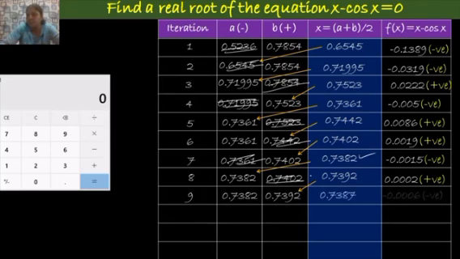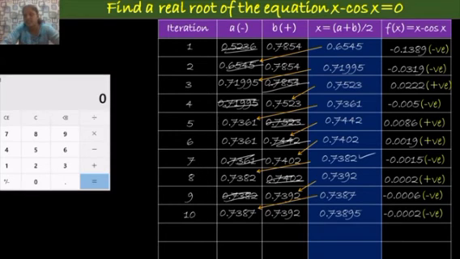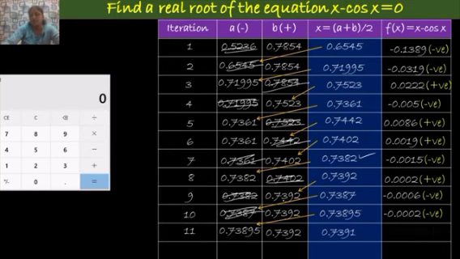At this point the function takes negative. If it is negative, again you have to replace the value of a by 0.7383 and adding and dividing this by 2 you get 0.73895. At this point the function takes negative. If it is negative, replace the value of a and you get the value of x as 0.7391.